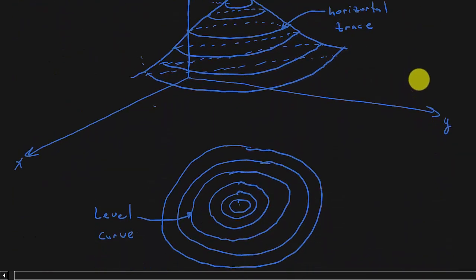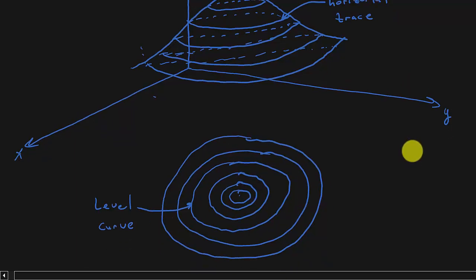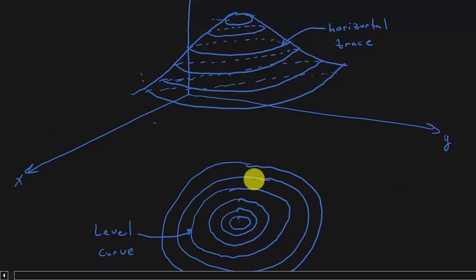So let's look at this graph. Down here we have our level curves, drawn in the XY plane, and these are called your level curves. Then these are your horizontal traces. This is drawn from an example in the book.